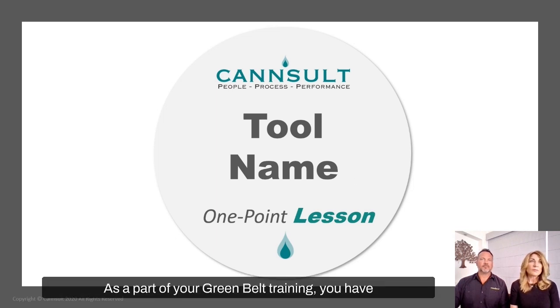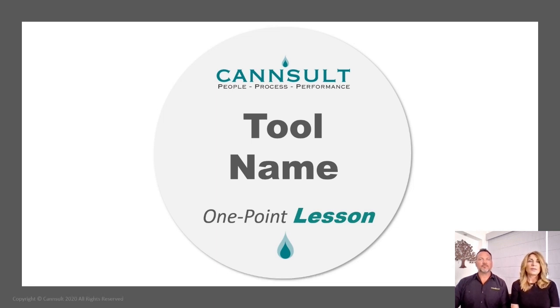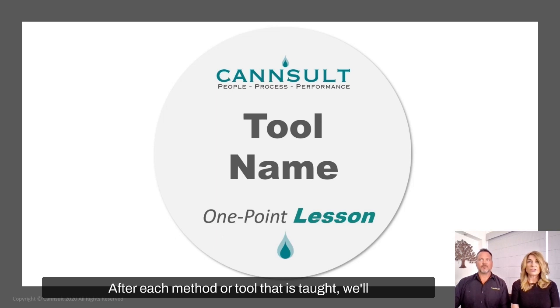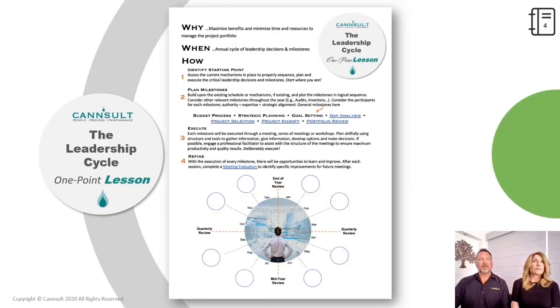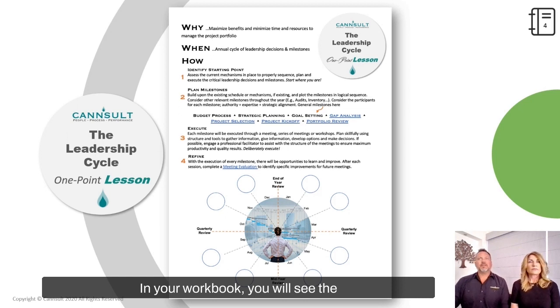As a part of your Green Belt training, you have received a full toolkit, which includes a one-page easy reference called our one-point lesson, as well as a full set of ready-to-go templates. After each method or tool that is taught, we'll wrap the section with a one-point lesson. In your workbook, you will see the one-point lesson for the leadership cycle.